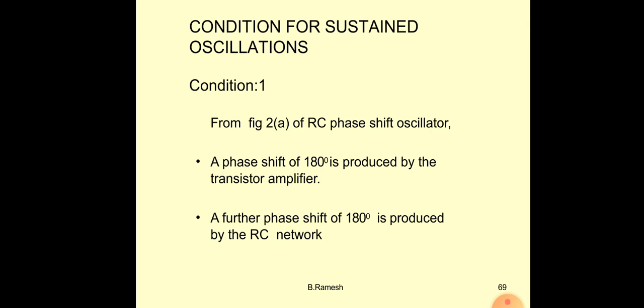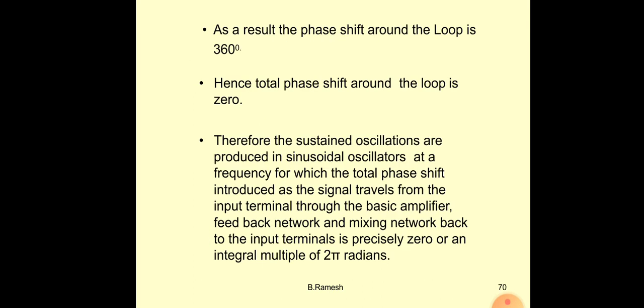Condition 1, from the figure of the RC phase shift oscillator: a phase shift of 180 degrees is produced by the transistor amplifier. A further phase shift of 180 degrees is produced by the RC network. As a result, the phase shift around the loop is 360 degrees, hence the total phase shift around the loop is 0.